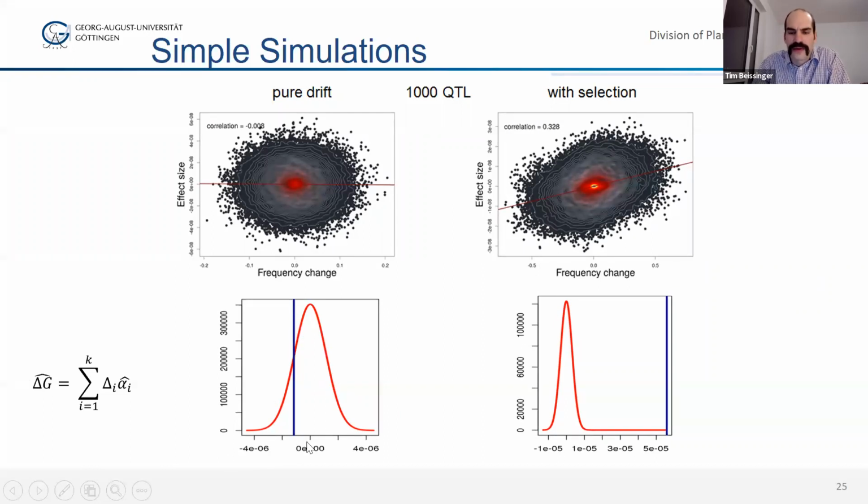So when we do a simulation of pure drift, you can see that our Ghat value falls right within the expected value for a non-selected trait. When we do a simulation of selection, we get a Ghat value that comes way beyond what we would expect if there were no association between frequency change and effect size.